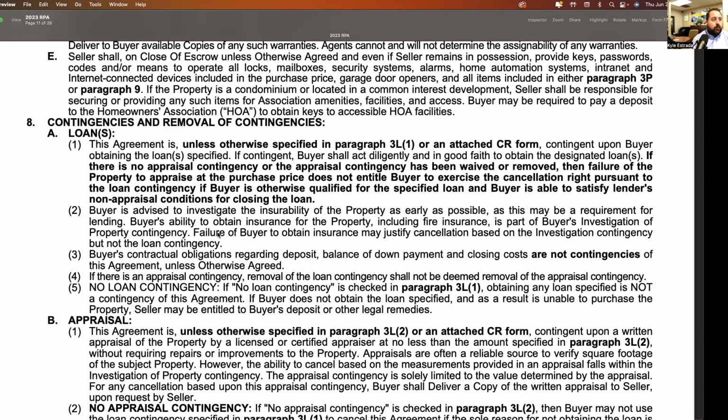If there is no appraisal contingency, I like that they put this in bold, or the appraisal contingency has been waived or removed, then failure of the property to appraise at the purchase price does not entitle buyer to exercise the cancellation right pursuant to the loan contingency, if buyer is otherwise qualified for the specified loan and buyer is able to satisfy lender's non-appraisal conditions for closing the loan.